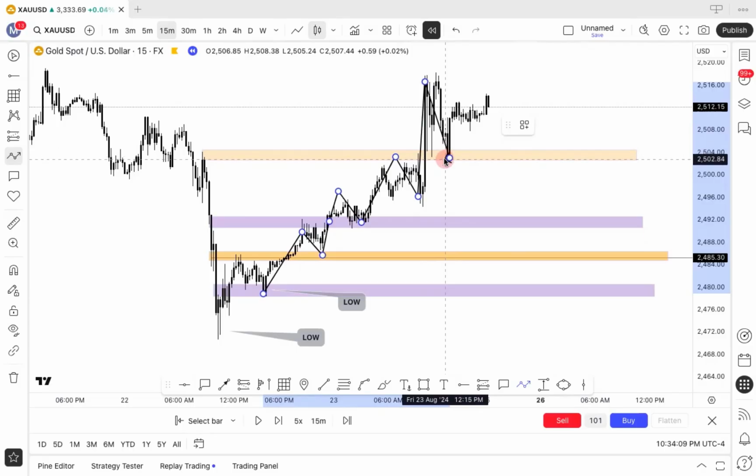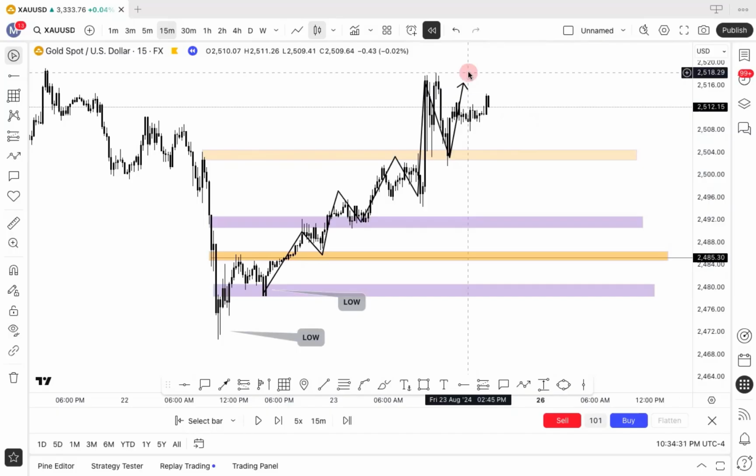It's a floor, so we can buy at support because we want to buy low, sell high. We could buy here, and then boom, these highs will now become resistance. If we fail to break, then what? This is still resistance. But if we break it, it will then become our support zone later on. So let's see.